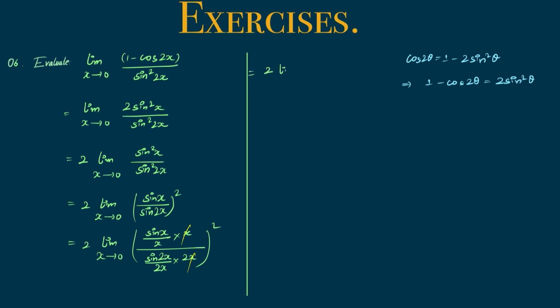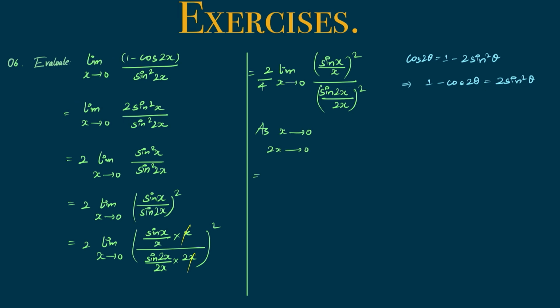Equals 2 into limit x tends to 0 of sine x by x whole divided by sine 2x by 2x whole square, and since this 2 has a square here, it will be 4 and it will come outside. So I'm writing that 4 here in front of the limit. Now as x tends to 0, 2x also tends to 0.